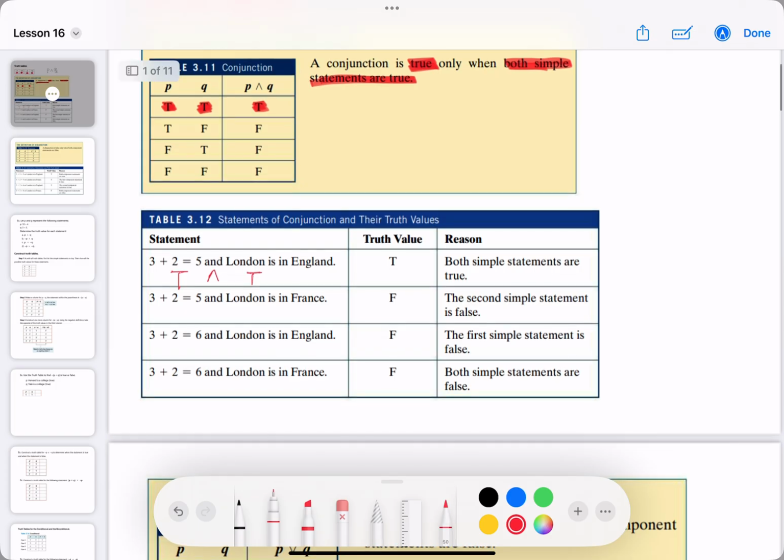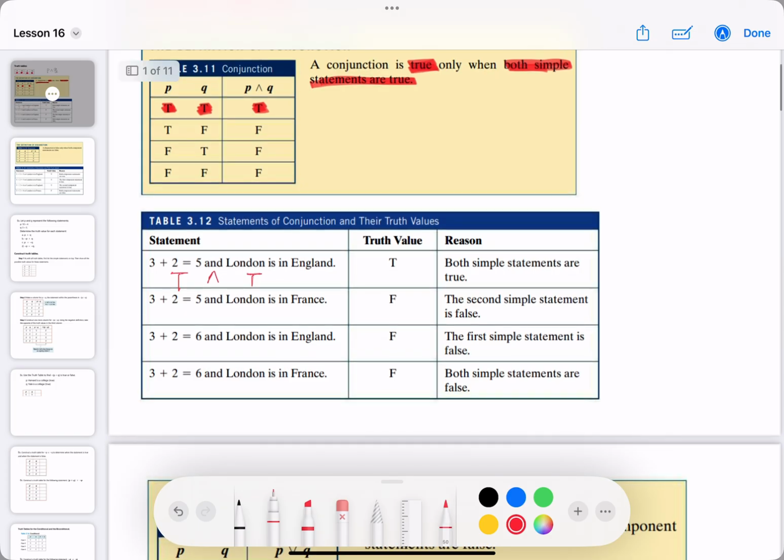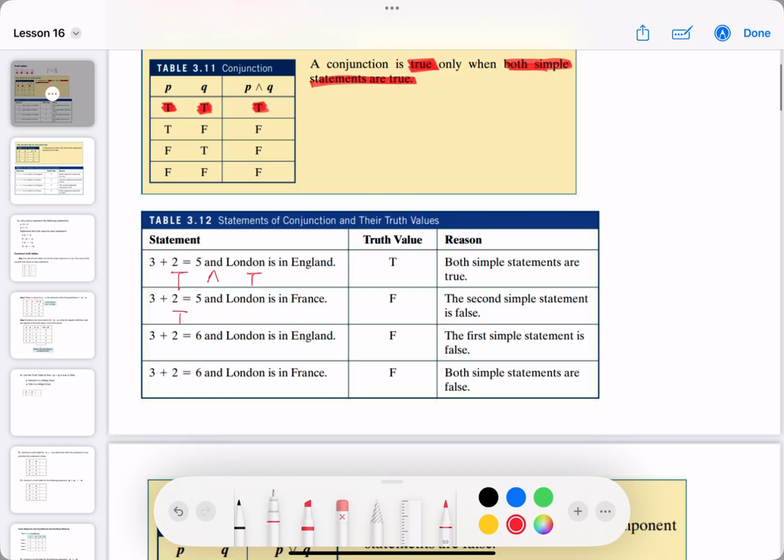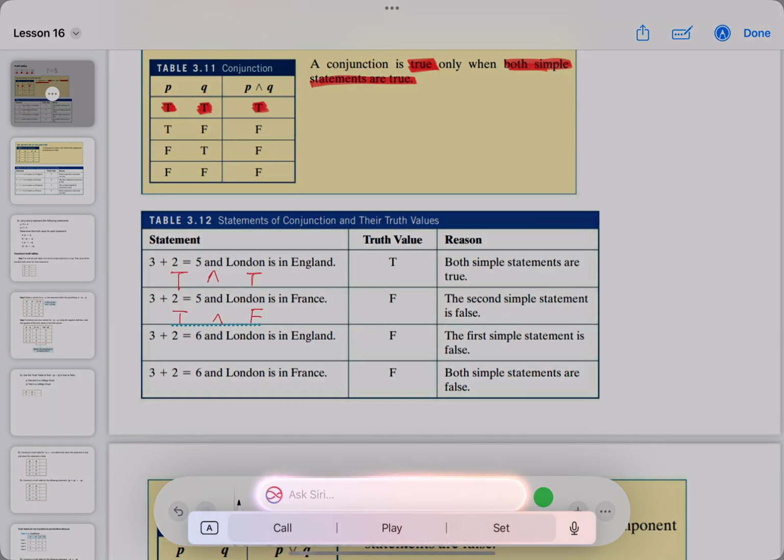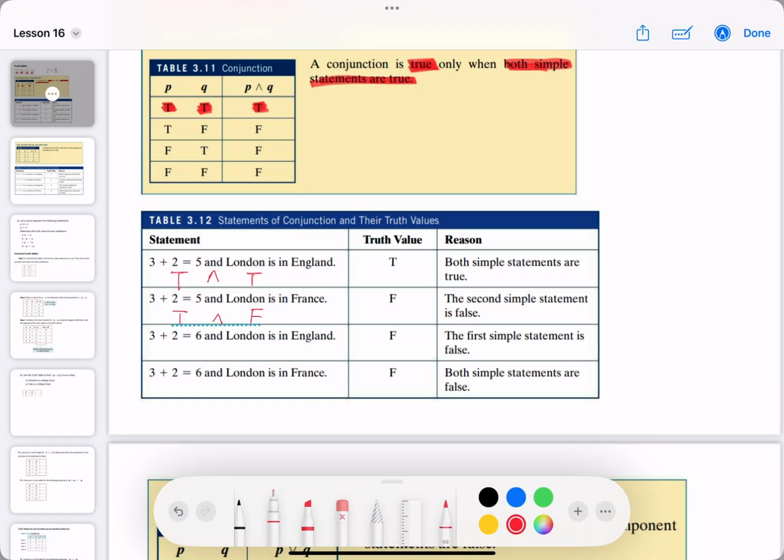Let's see the second example. 3 plus 2 is equal to 5, yes, it is true. London is in France, false. So true and false is false, because one of the statements is false, so the conjunction is false. The third statement: 3 plus 2 is equal to 6 is a false statement, and London is in England, yes, it is true.